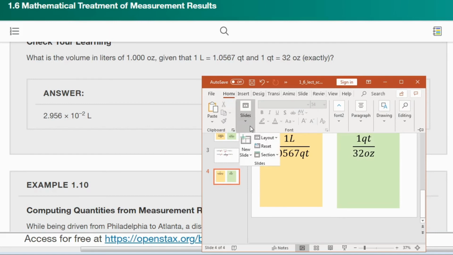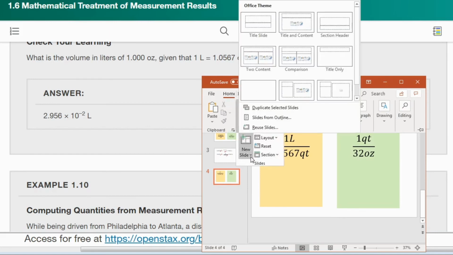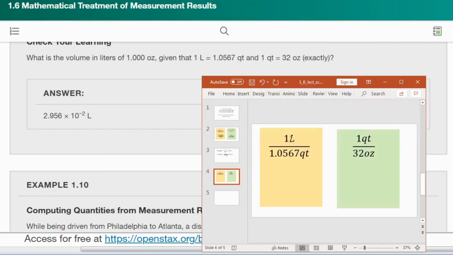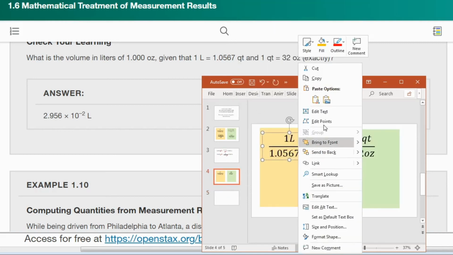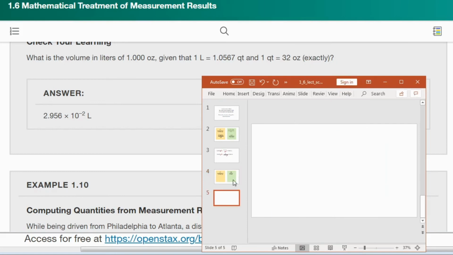And I'm just going through this in detail because this actually takes some practice. So I'm going to take this, and what was it? We had 1.000 ounces.